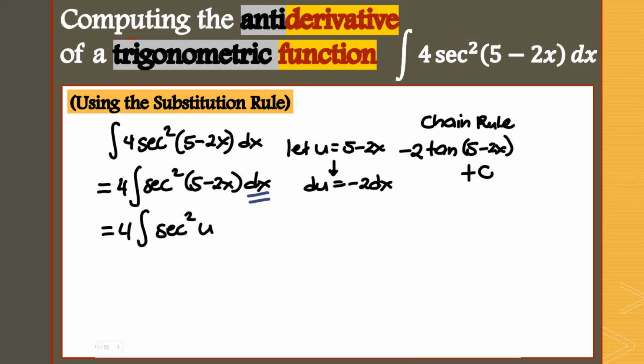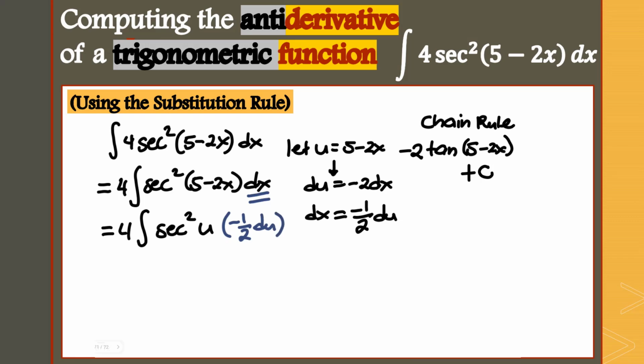Because it's negative 2x, that's why it's minus 2 dx. Then dx is equal to, dividing both sides by negative 2, negative 1/2 du. That is the item we need to place here so that this item could be integrable.